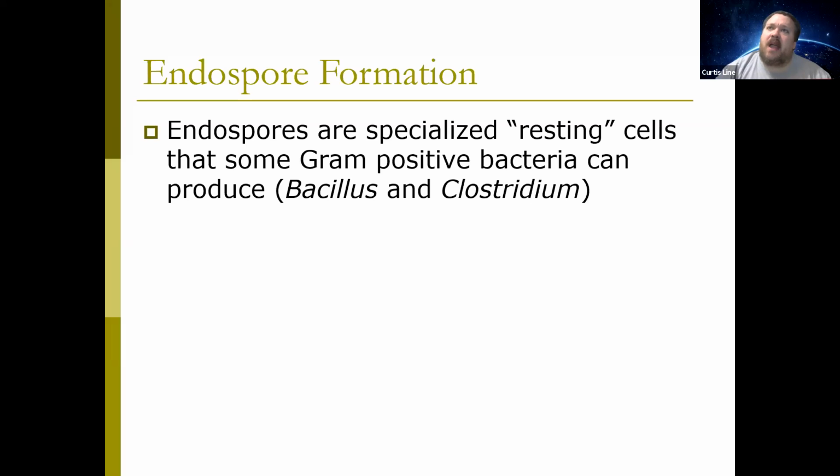So anthrax, tetanus, botulism, and gangrene. Those four diseases can be linked to endospores. Bacillus is what gives us anthrax. Clostridium is what gives us tetanus, botulism, gangrene. All four of those diseases can be caused by endospores.